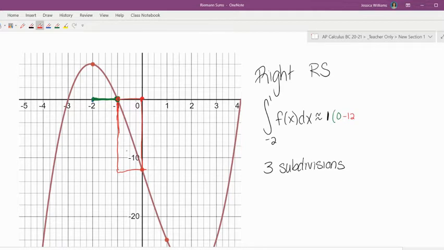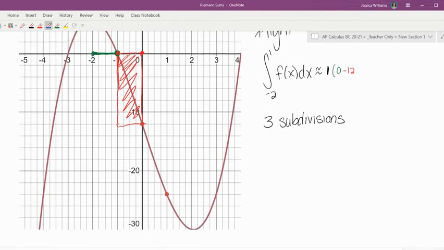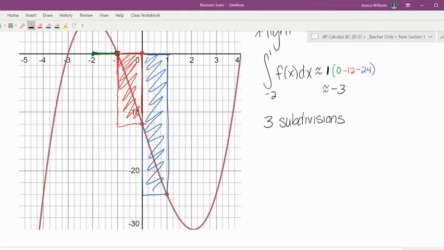So I'd be finding all of this area. My third rectangle is going to start with a base of 1 again, but this height value is going to take me all the way down to negative 24. And find all of that. So adding those up, this is approximating our area to be negative 36.